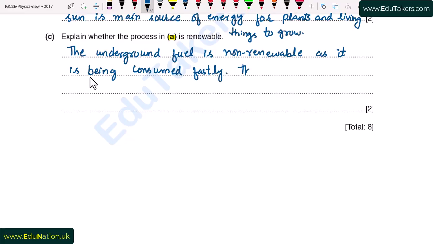The reserves may last around 50 years. So that's why it's a non-renewable source of energy.